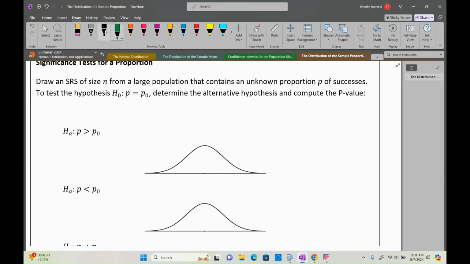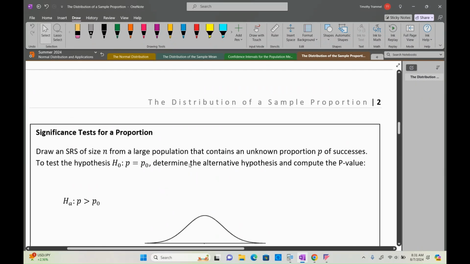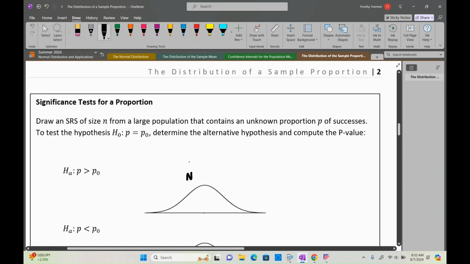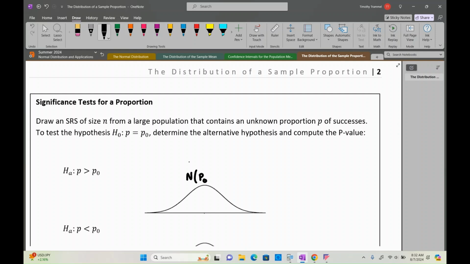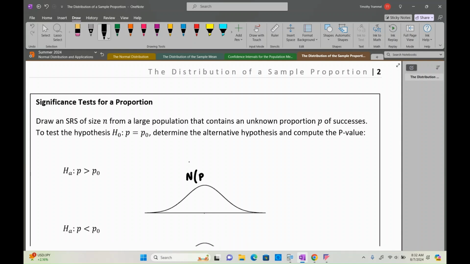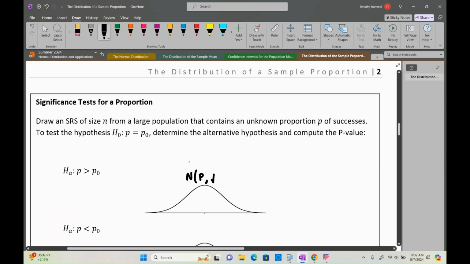So if we write in what this should look like, all of these are going to be centered at P naught. This is the number that is equal to the population proportion. And actually, to be a little less confusing, I think I'm just going to write P.